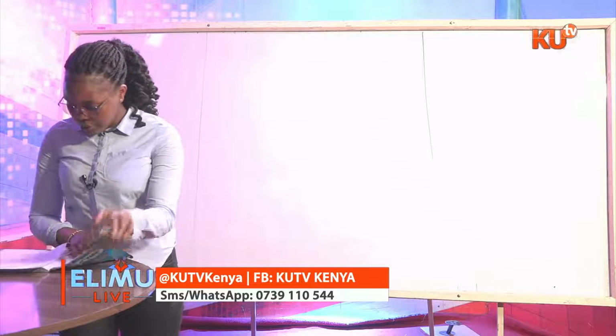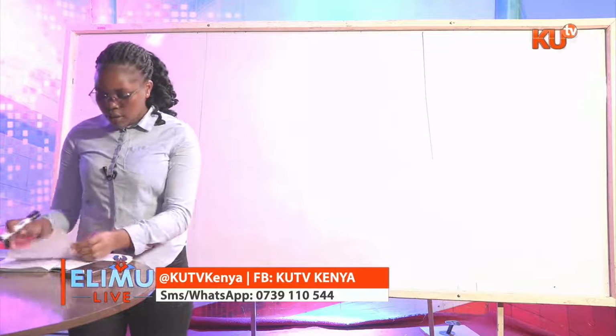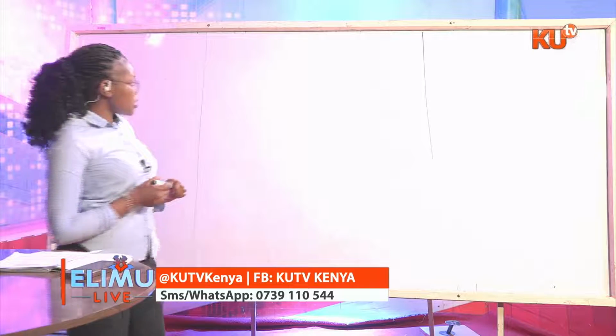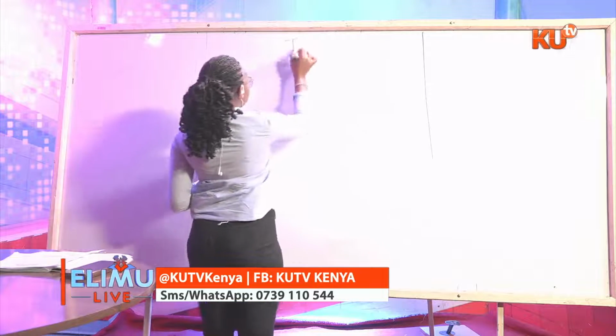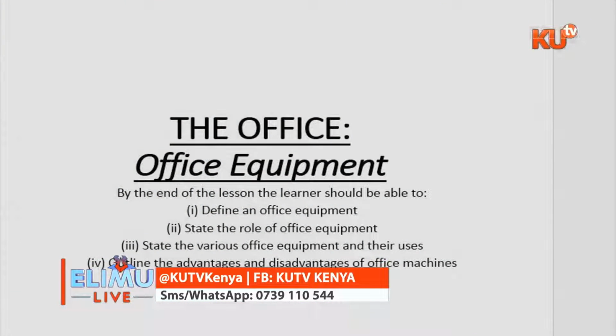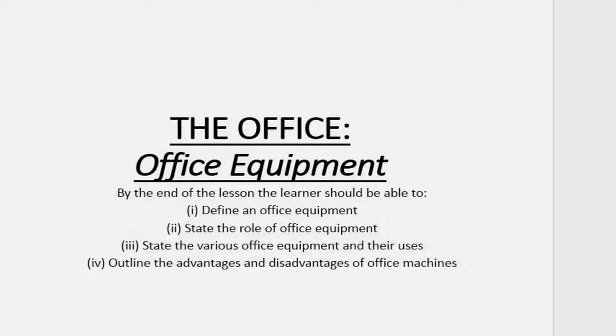Welcome on board. I want to take us through a topic in Form 1 known as the office. I believe all of us can clearly see what we are going to take through today.